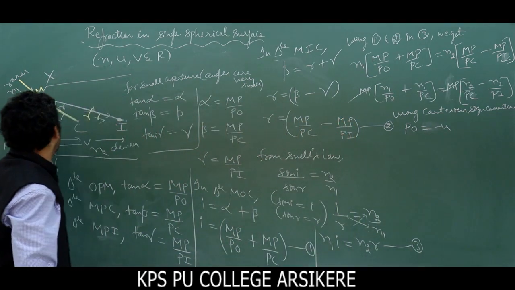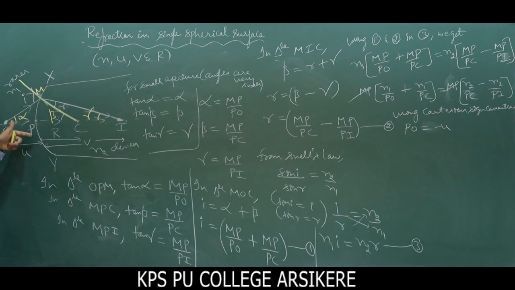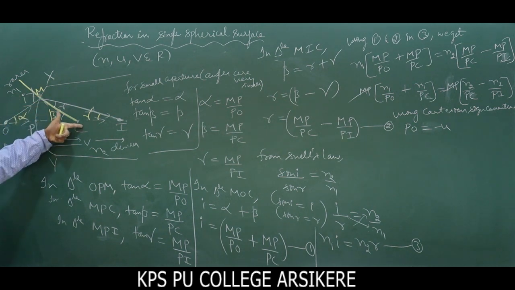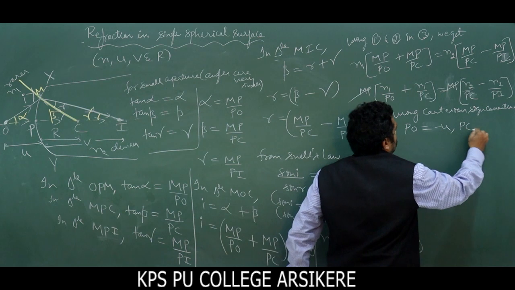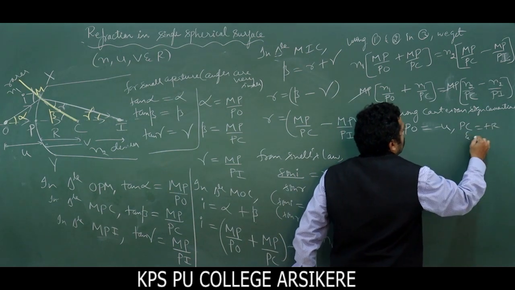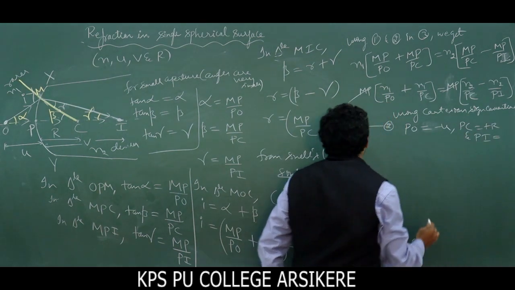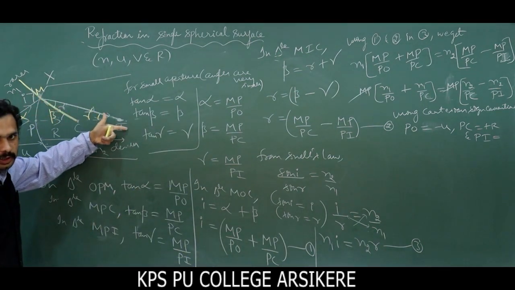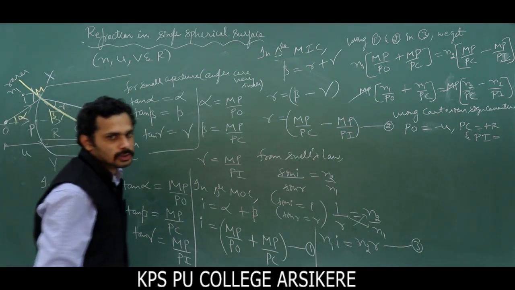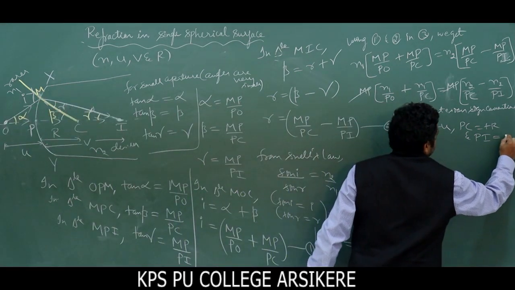We are all using a real object. PC, look at here, PC is R. The incident ray is going in this direction, I am also going in this direction, so PC is plus R. And PI, this is PI. The incident ray is going in this direction, I am also going in this direction. The sign convention is positive. PI is plus v.